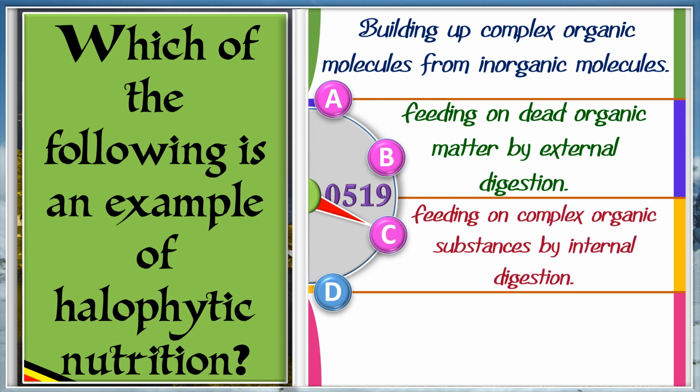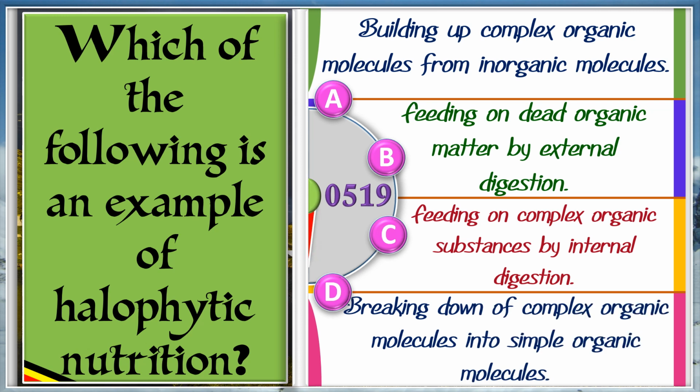C. Feeding on complex organic substances by internal digestion. D. Breaking down the complex organic molecules into simple organic molecules. And the answer is A. Building up complex organic molecules from inorganic molecules.